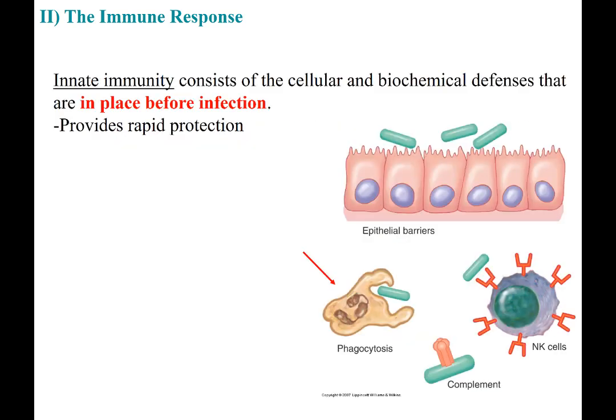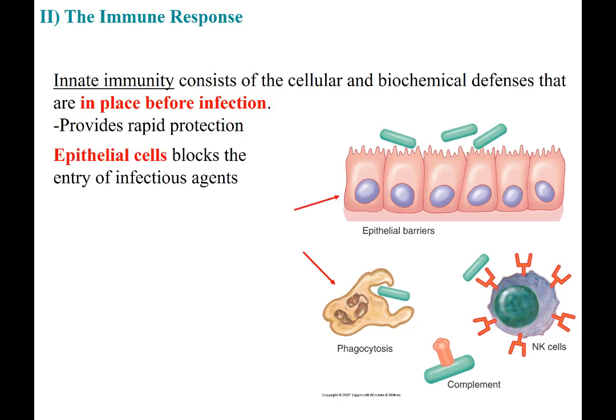So let's start first with the innate immunity, and I'm just going to mention the most important cells that are involved in this innate immunity. And again, this is the immunity that you are born with. So what are we born with that allows us to protect against a disease? The first one is a physical barrier.